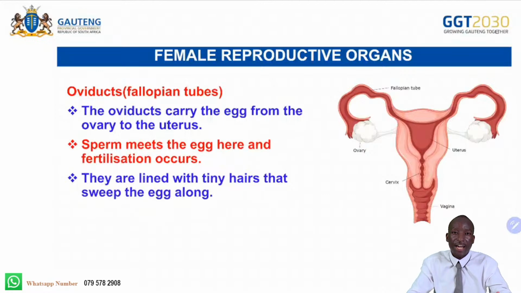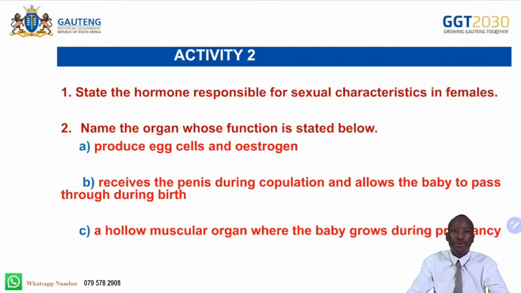The egg has to make sure that it goes all the way down to the uterus. The hairs lined along the oviducts ensure that the egg moves until it reaches its destination, the uterus.